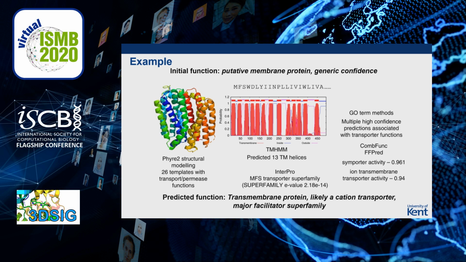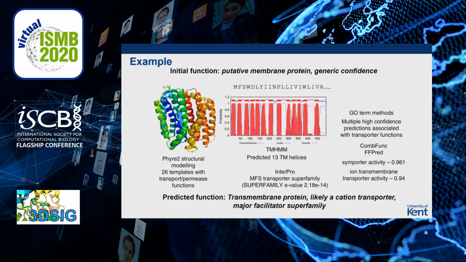And I would like to show you one example. Here's a protein that was initially annotated as a putative membrane protein with generic confidence. We in fact predicted 13 transmembrane helices. However, we also matched the structural model to 26 templates with transport functions.